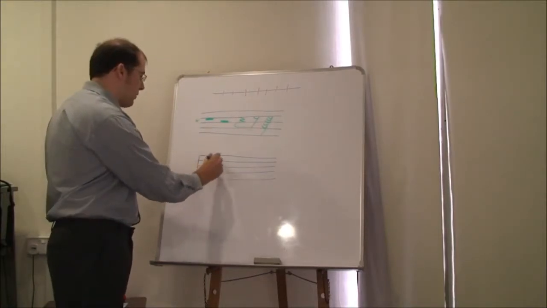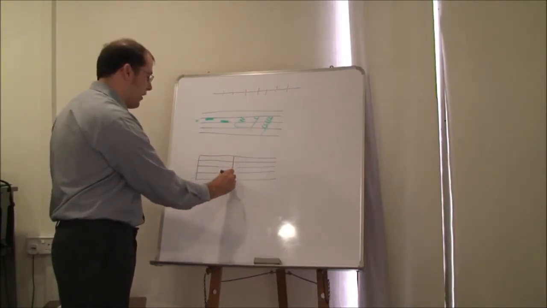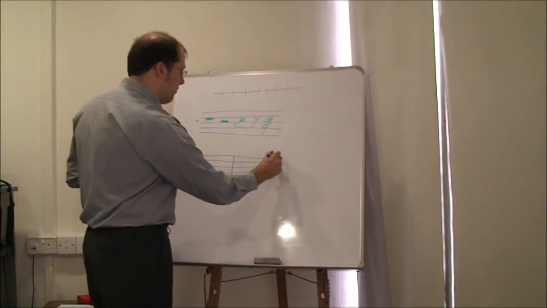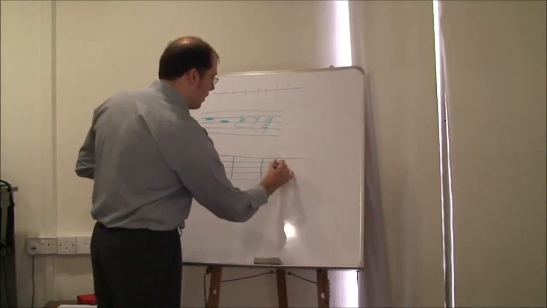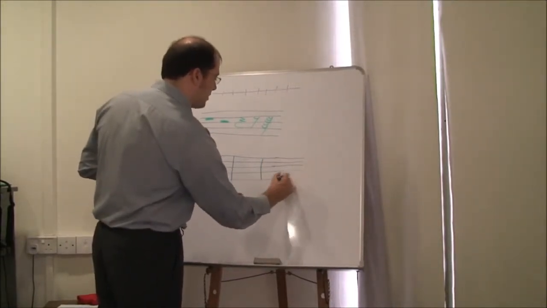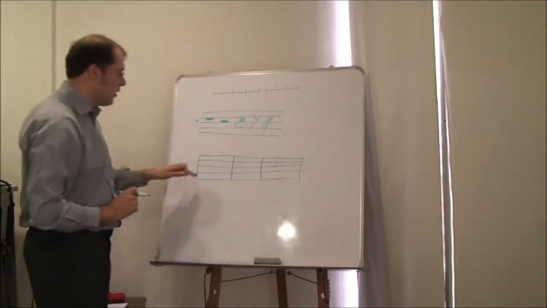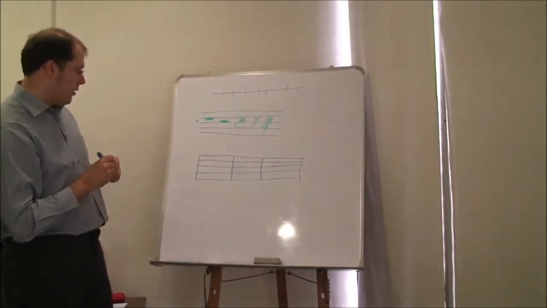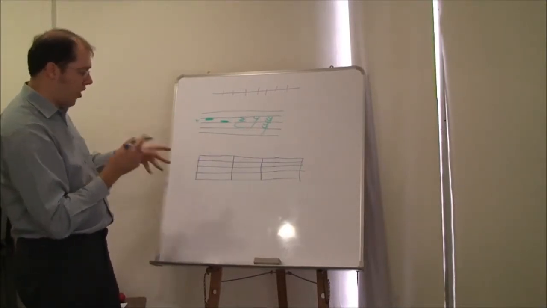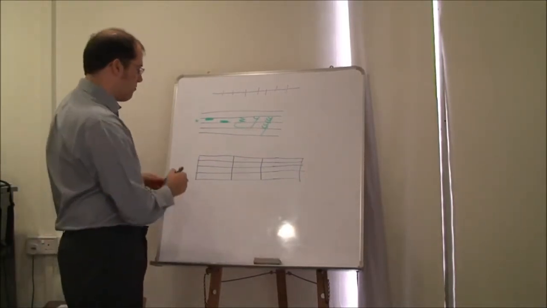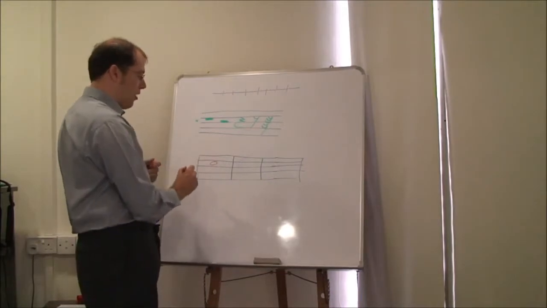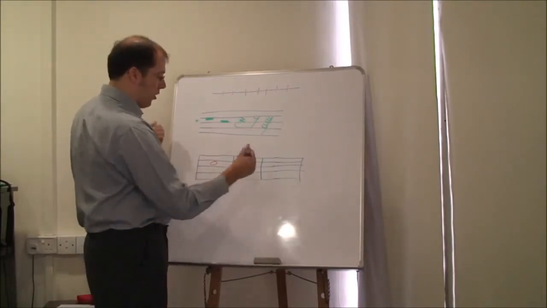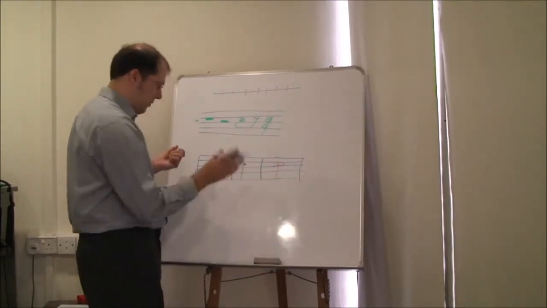All that's important is that bar lines just divide our time into segments. So there's one bar, and one bar. Now, bars can be of different lengths. So a bar could be one whole note long, or it could be a crotchet long, or a minim long, just depending on the music.